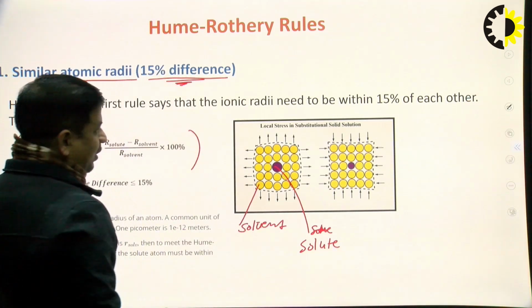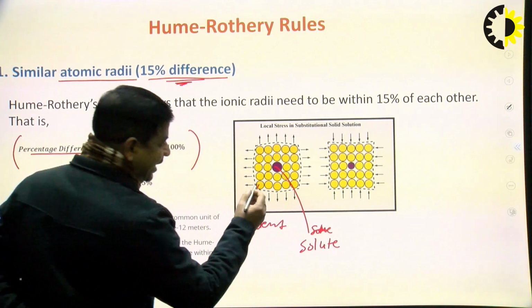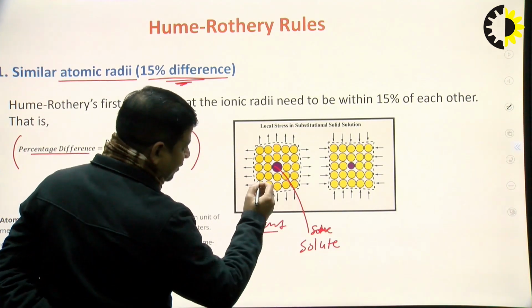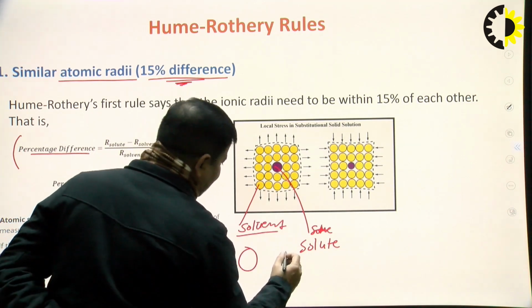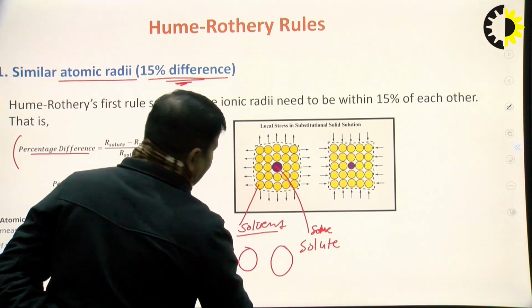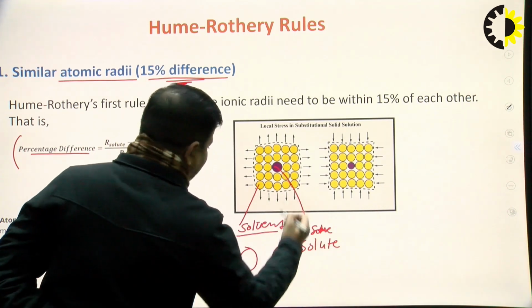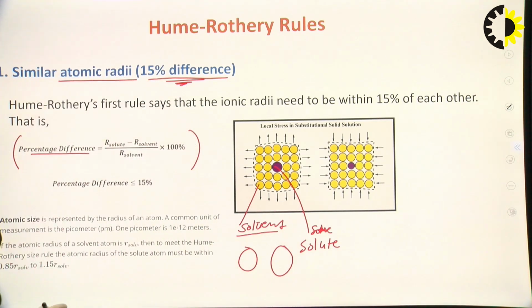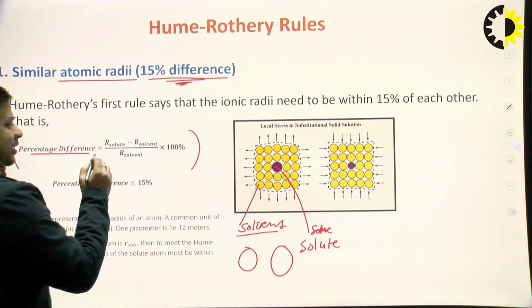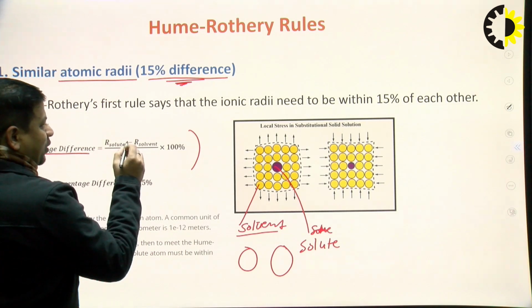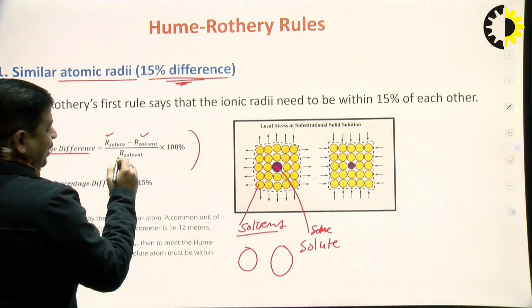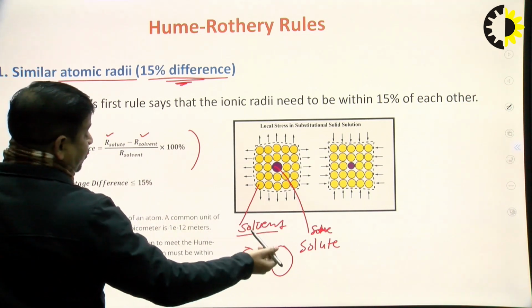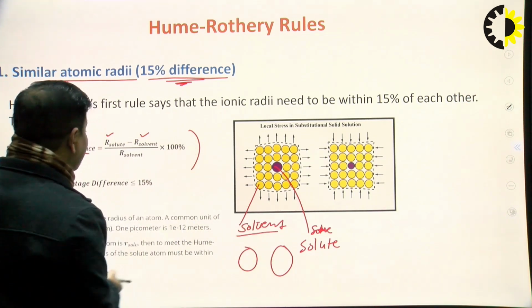So here we have to check the radii of this solvent, this yellow color atom, and the solute radii also. For that they have made this formula: radii of solute minus radii of solvent, divided by radii of solvent, multiplied by 100%.